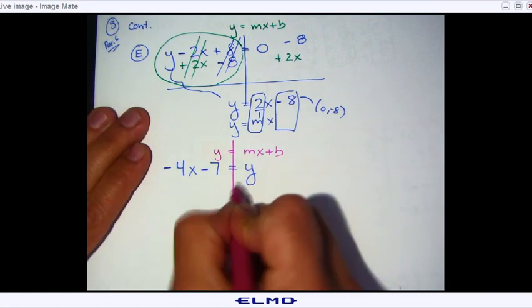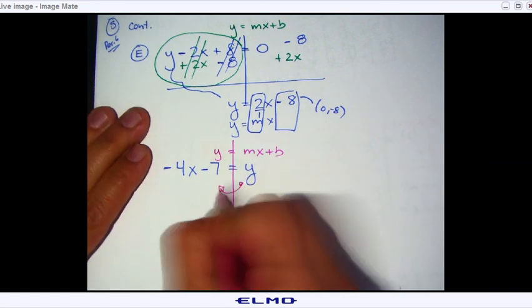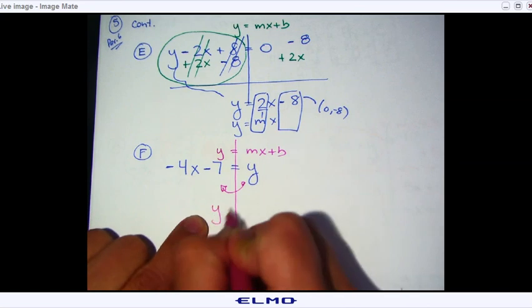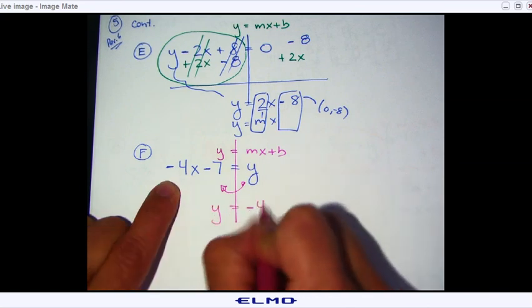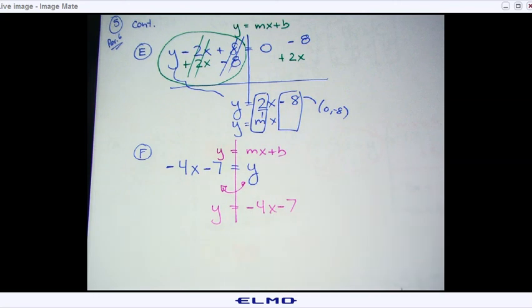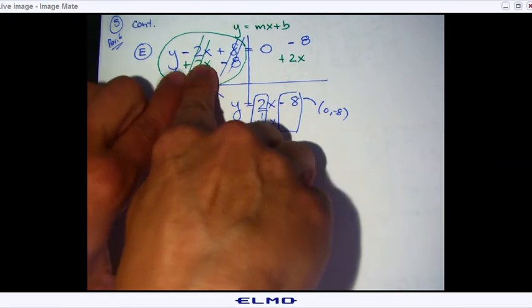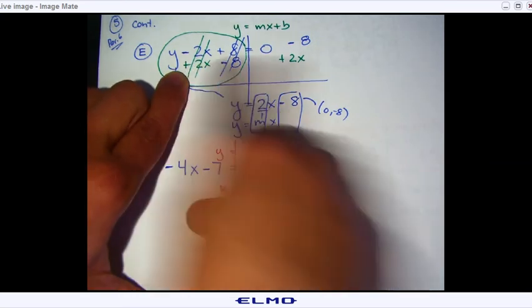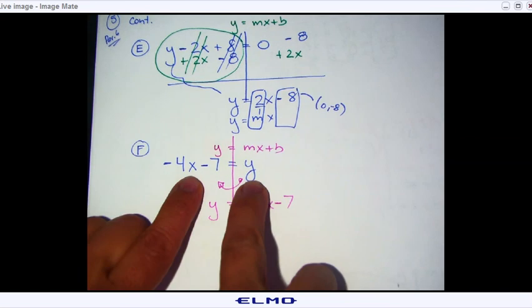So the y goes over here, and the negative 4x minus 7, you just rewrote it. You just flip them, and you could do that. Compared to over here, oh, I got to get rid of the negative 2x. I have to add. Here, you're not getting rid of nothing.